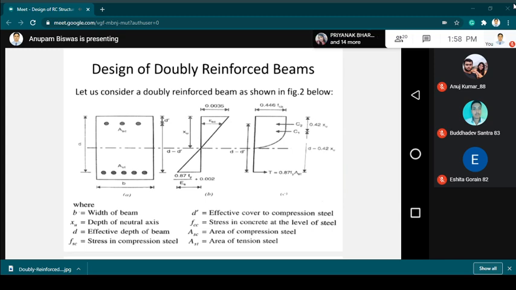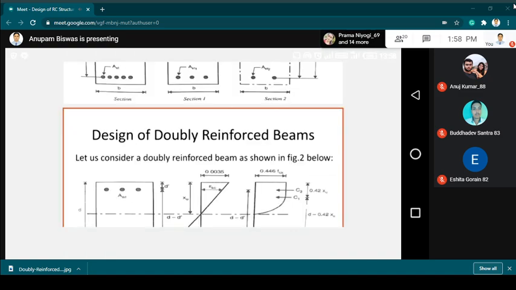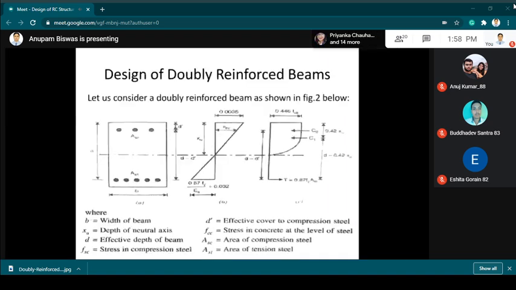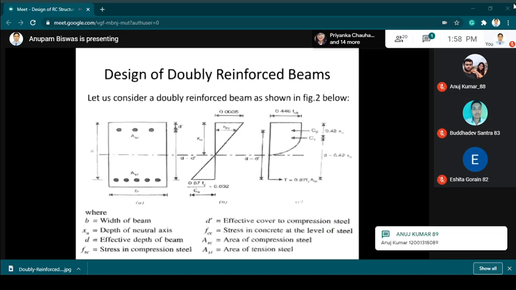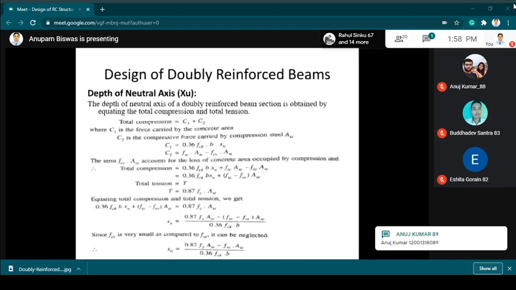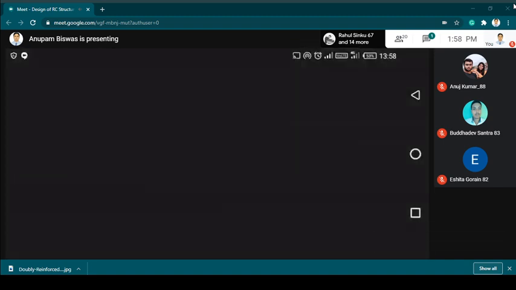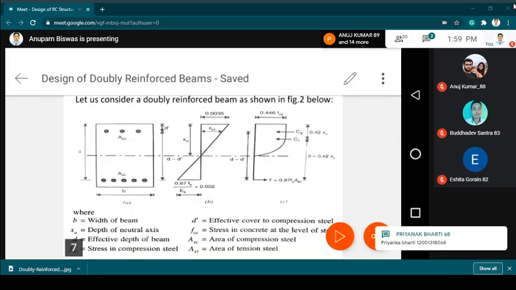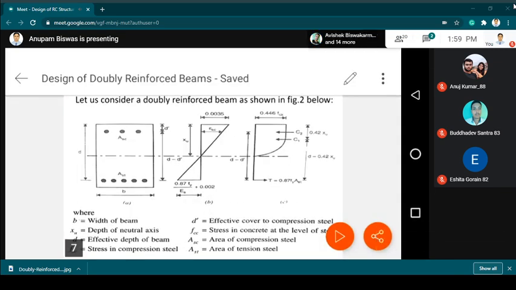While drawing the stress and strain diagram, be careful that at the bottom, the strain and stress value has to be drawn up to the reinforcement only. You have to draw for effective depth, not for your overall depth.